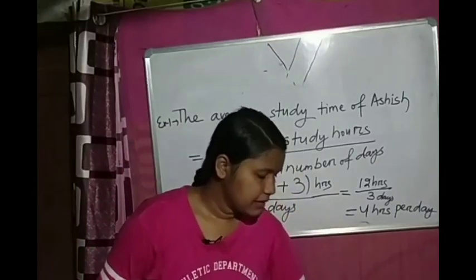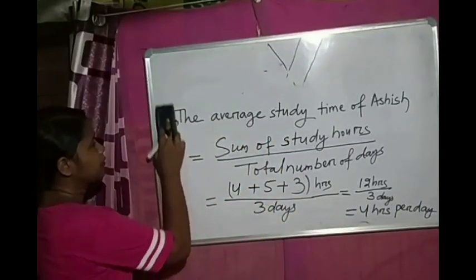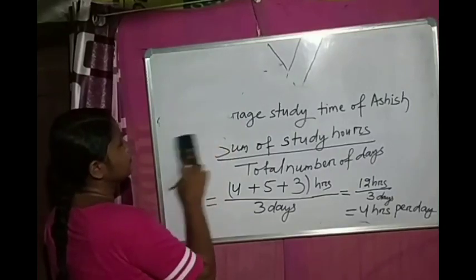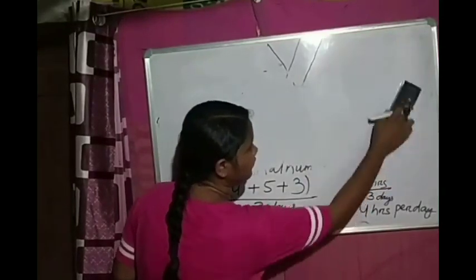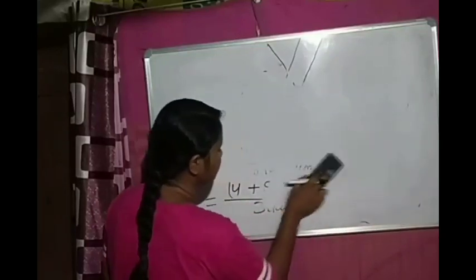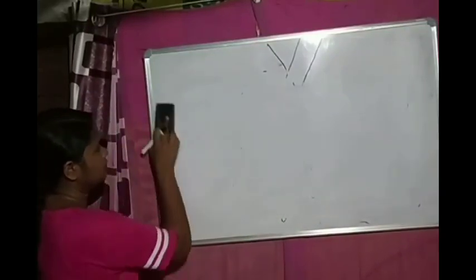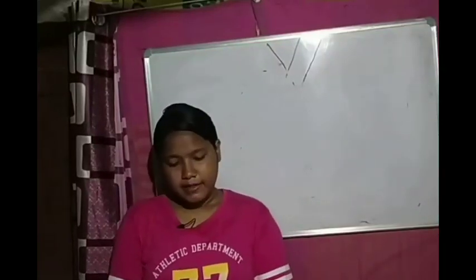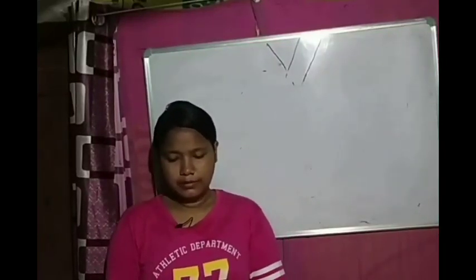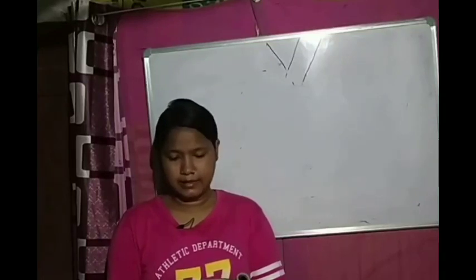Next we will go to example 2. A batsman scored the following number of runs in 6 innings.